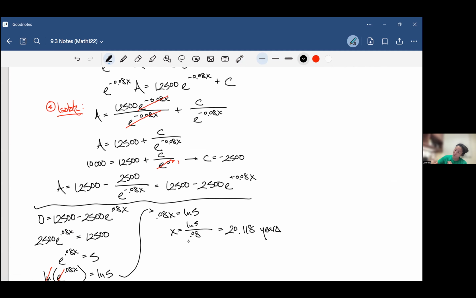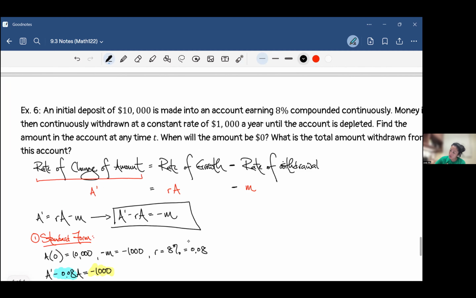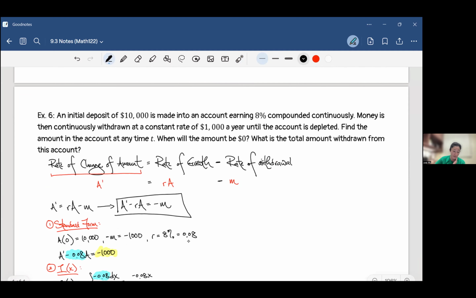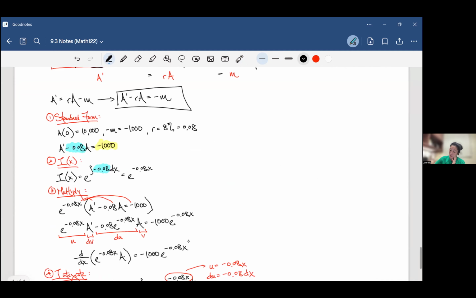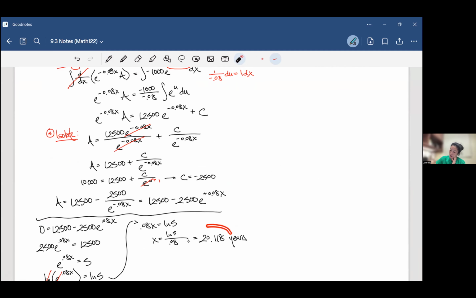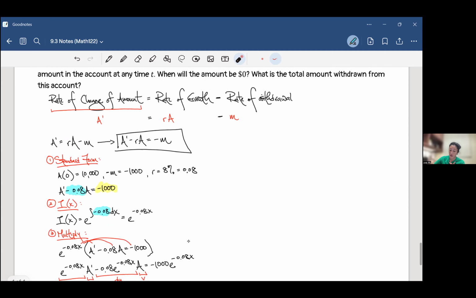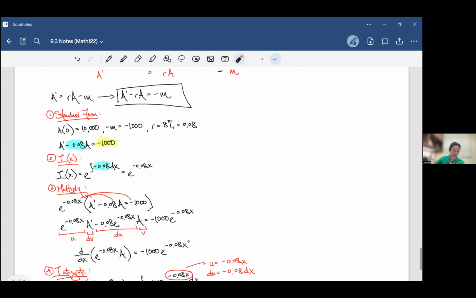Okay. All right. So what was the last bit of the question? It says, what is the total amount withdrawn from the account? So what we're going to do is take 20.118 and see how much money we have at the end of that time.